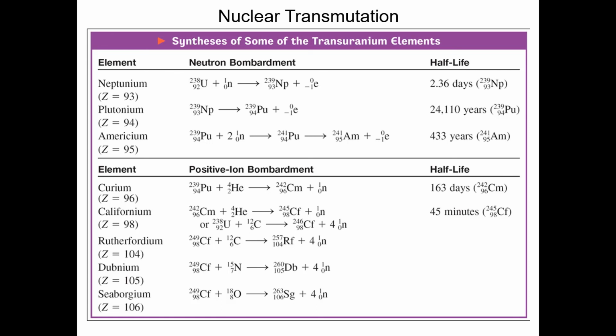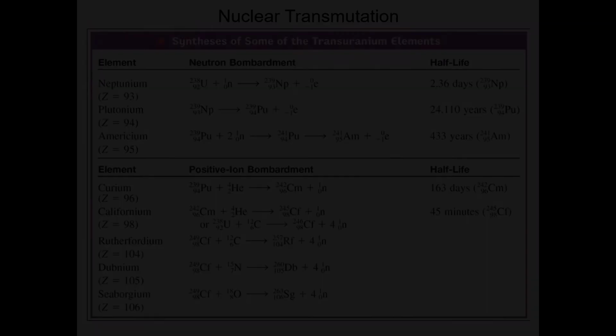And you can see the different products or daughter nuclides and the half-lives. So very interesting. For example, plutonium, which is a very important component of many nuclear energy applications. So just so you know, there are many elements on the periodic table that have been generated this way. These are some of the more stable ones. Some of them have barely been observed for a fraction of a second, perhaps, or so.